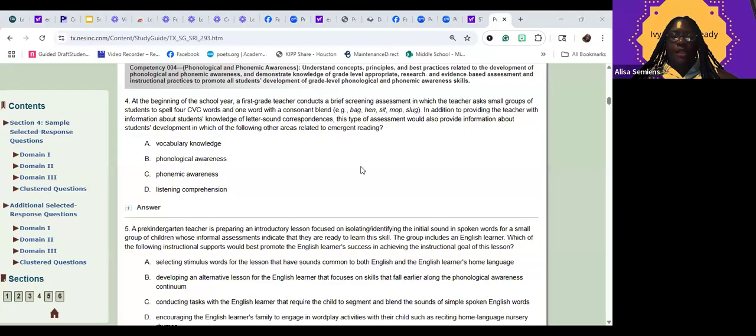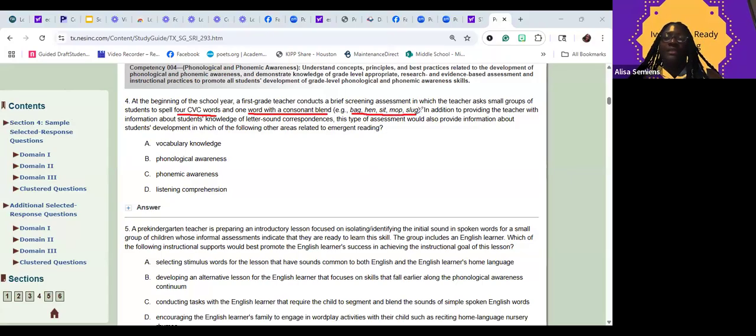All right, at the beginning of the school year, a first grade teacher conducts a brief screening assessment in which the teacher asks small groups of students to spell 4 CVC words and 1 word with a consonant blend. So that's it: bag, hen, sit, mop, slug.